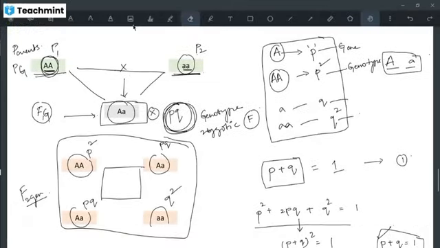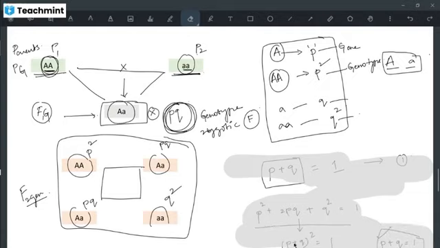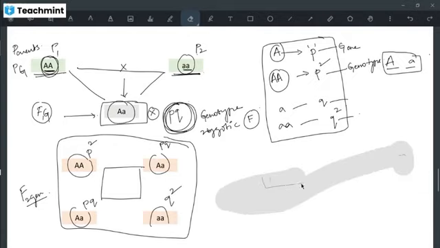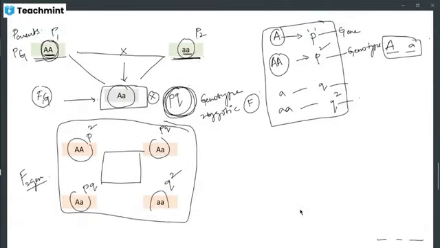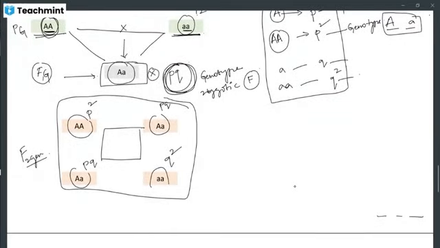Just pay a little more attention here. In the F2 generation, what will be the genotype frequency of homozygous dominant? P square. And of the homozygous recessive? Q square.